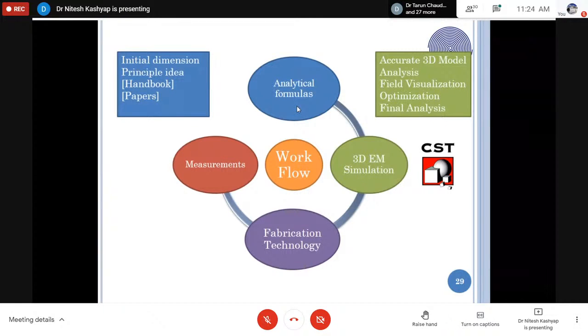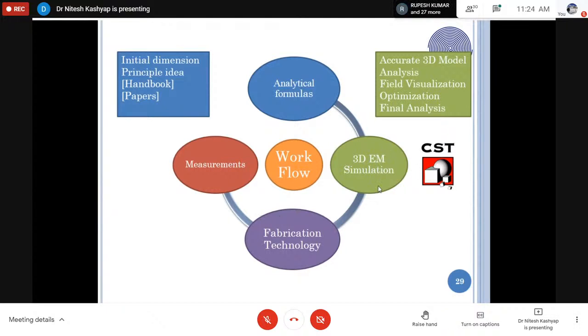Now, initially, suppose that if I replace this screen portion in this workflow, what will happen here?